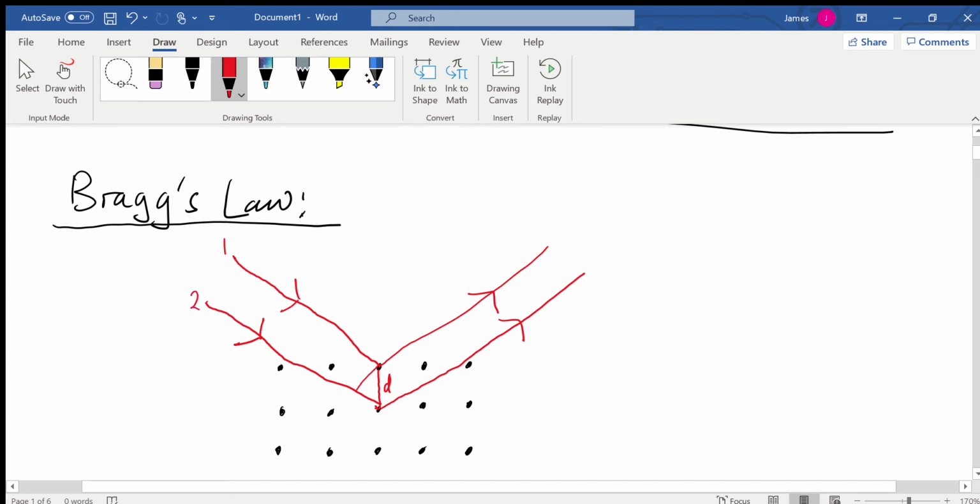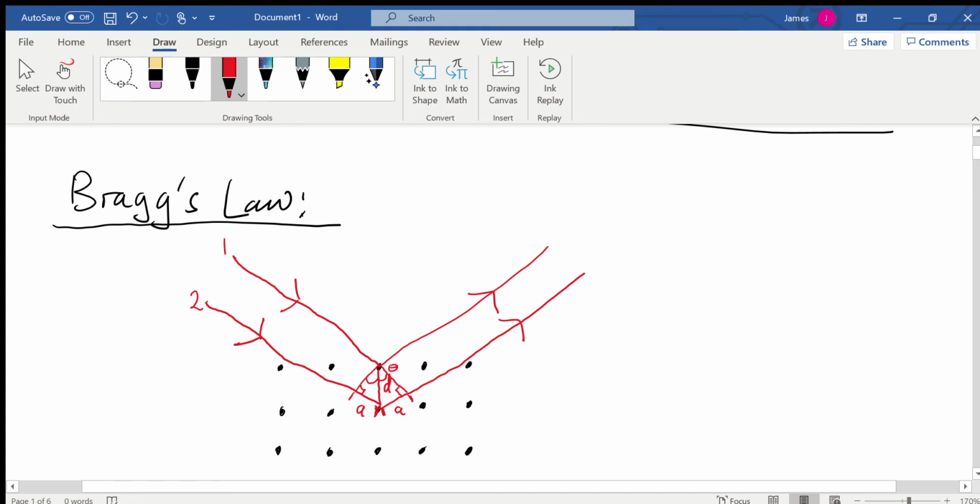Let's call this 2. Let's drop a right angle here too, and we can label these angles, this angle and this angle, which we'll call theta. That means we have a distance between here and here that we'll call A, and a distance between here and here, which should be exactly the same, also A.